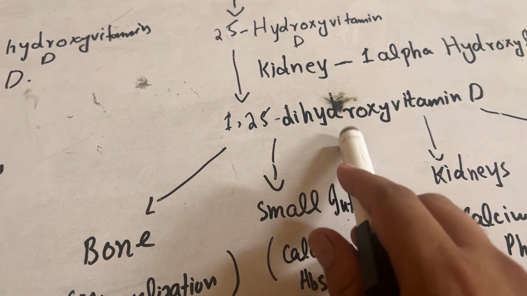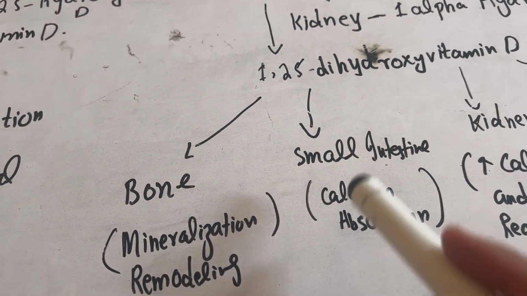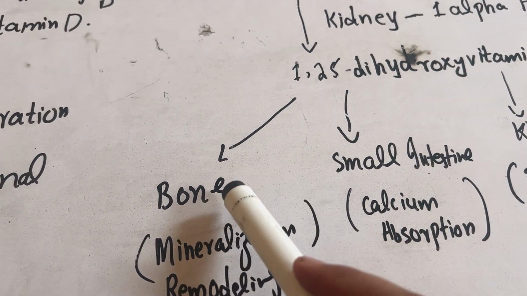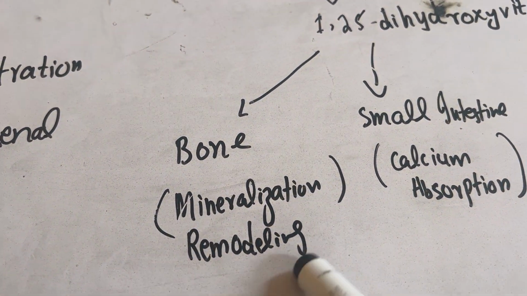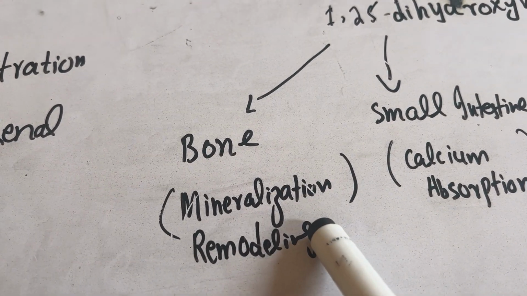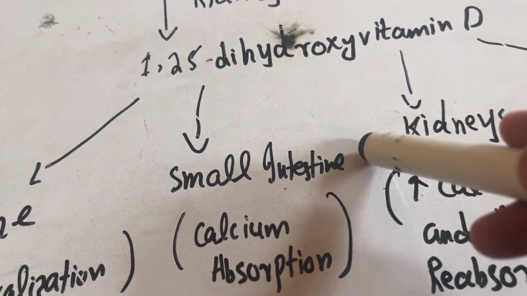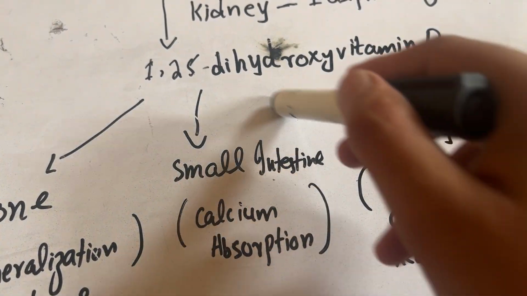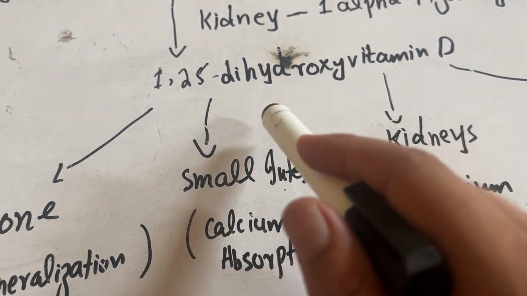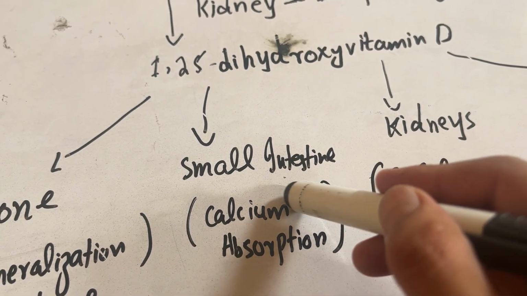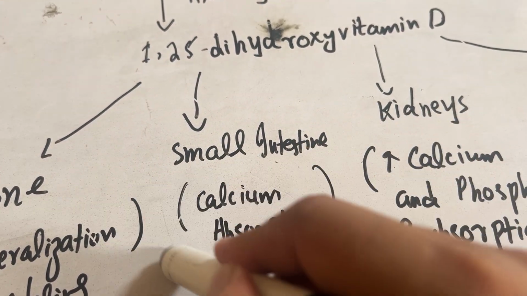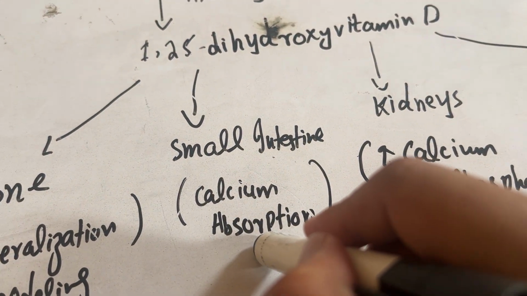1,25 hydroxy vitamin D has effects on bones, where it causes mineralization and remodeling of the bone. It has an effect on the small intestine, and this is the major effect of vitamin D: in the small intestine, it causes an increase in calcium absorption.